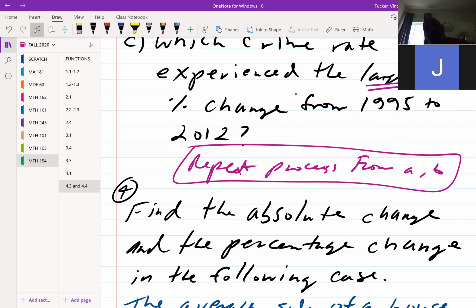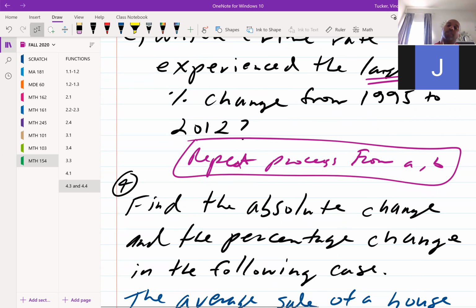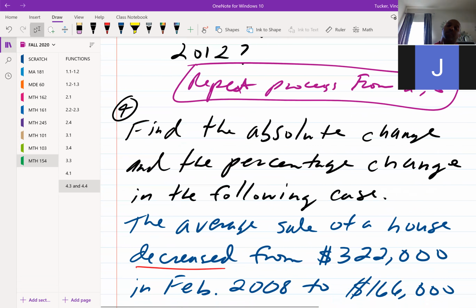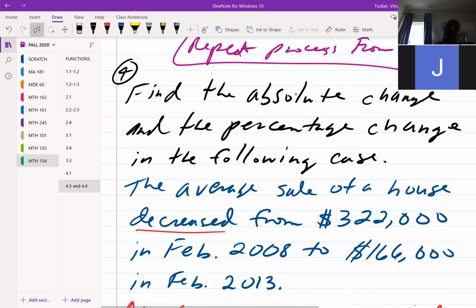All right, so number 4, find the absolute change and the percentage change in the following case. The average sale of a house decreased from $322,000 in February 2008 to $166,000 in February 2013.